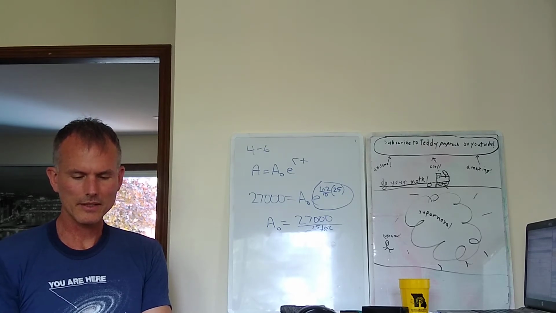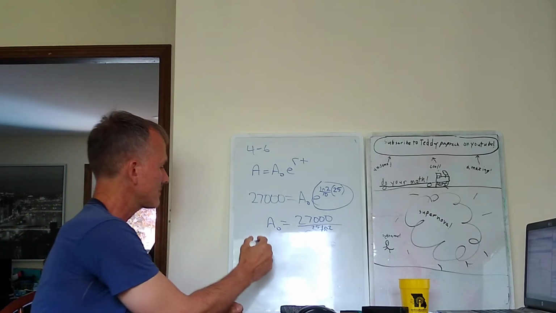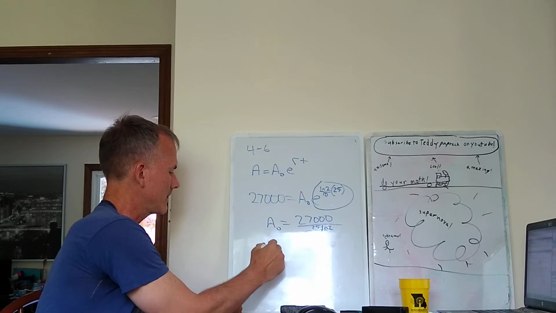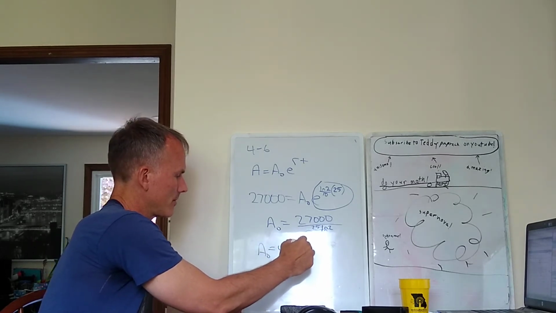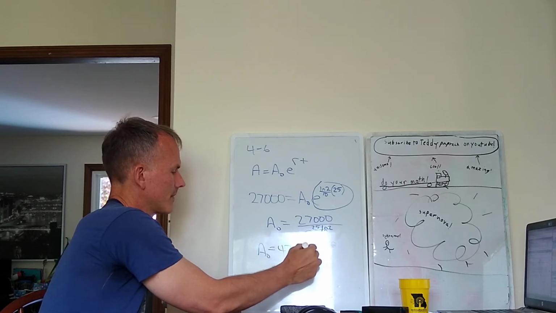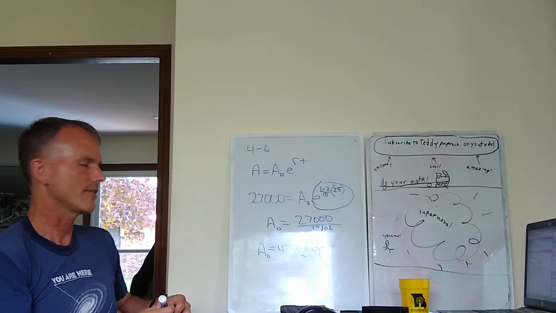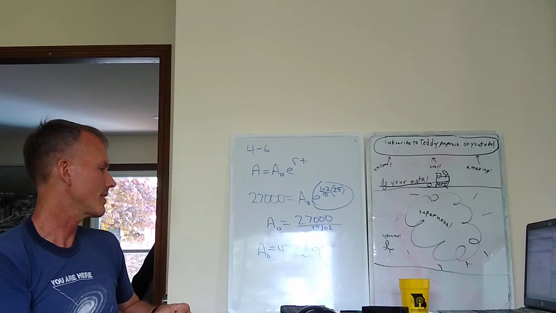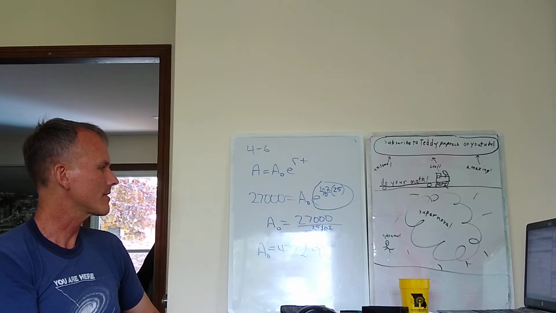And I think I've got it correct here. Yeah, okay, so I put my entry in, and what I got was A naught is 4772.97. So I think we can safely round that to 4,773 birds as our initial population.